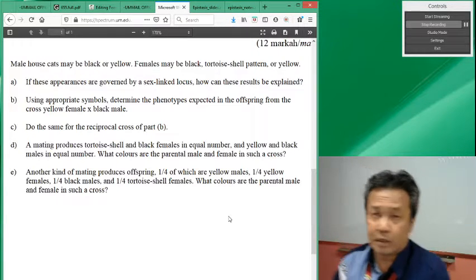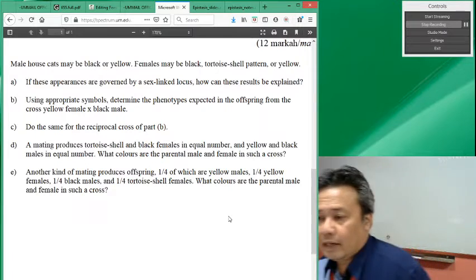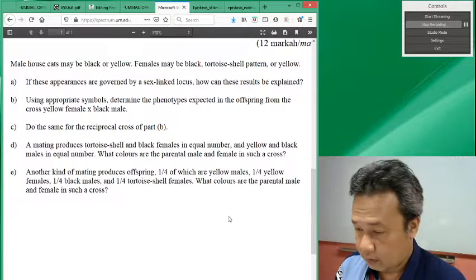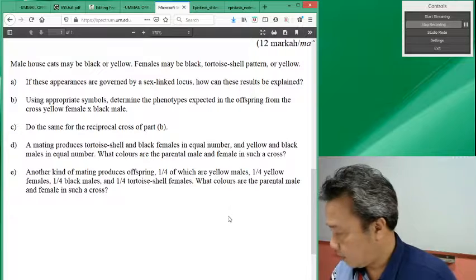Now this is just a simple cross, I would say. So a yellow female, okay, let's do this.